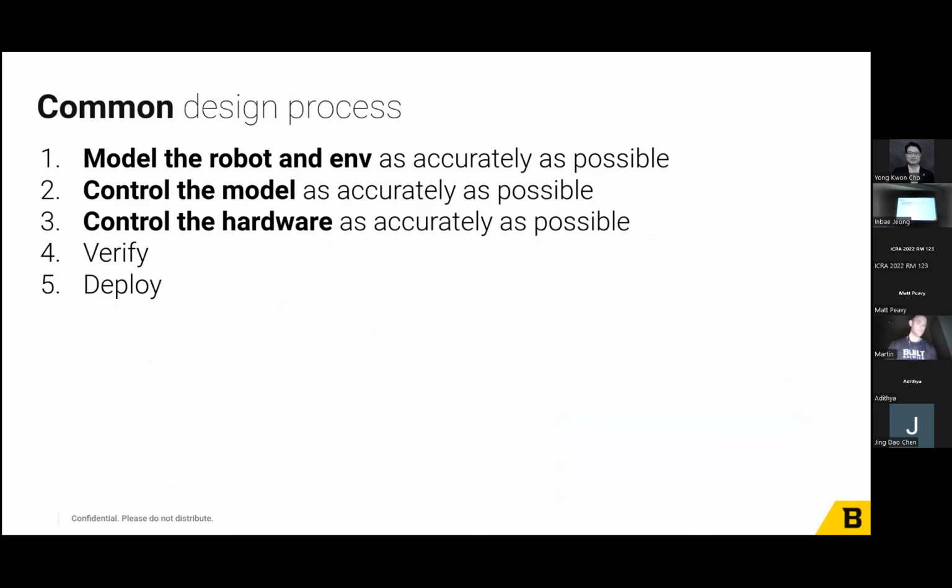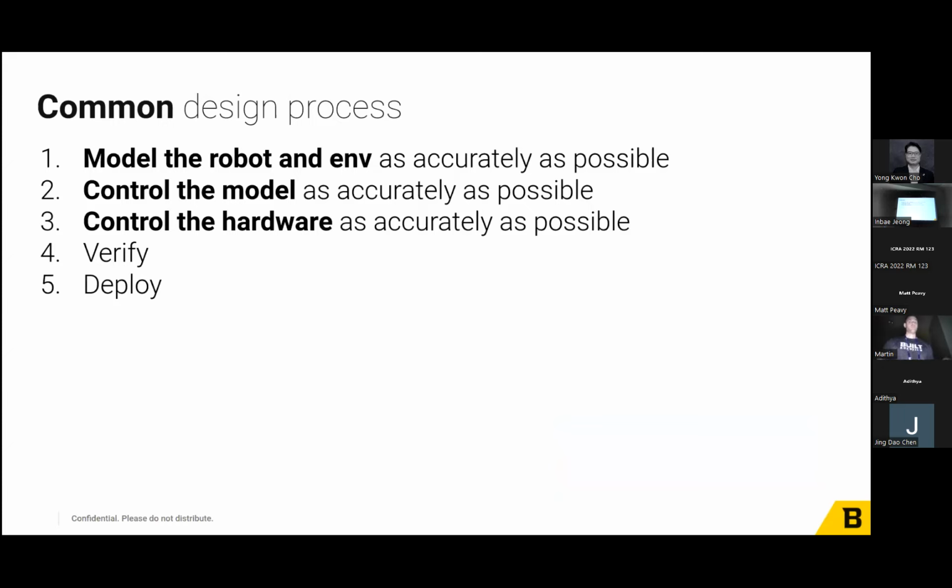All right. So I wanted to soon present my economic design process. But before that, I will present this common design process, which I hope sounds fairly reasonable. So we start with the model of the robot and the environment, and we try to make that as accurately as possible, capture as much as you can in this model.